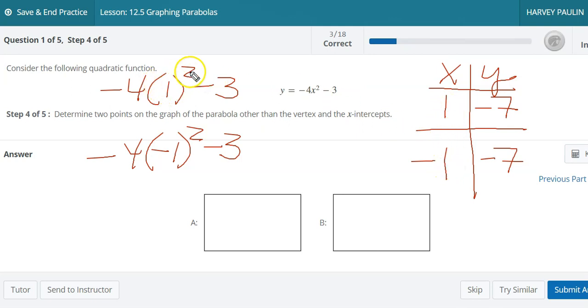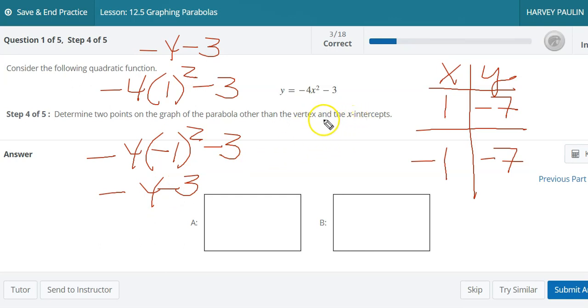So 1 squared is 1. So negative 4 times 1, this is a negative 4 and a negative 3, which will give us the negative 7. And if it's a negative 1, squared is still a positive 1. So this is negative 4, negative 3.